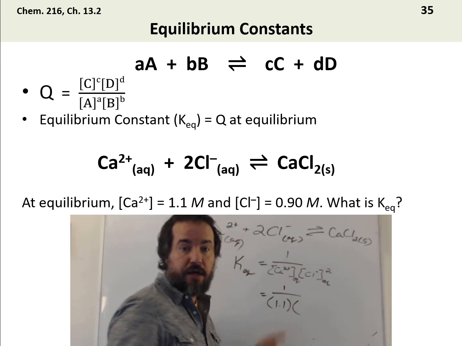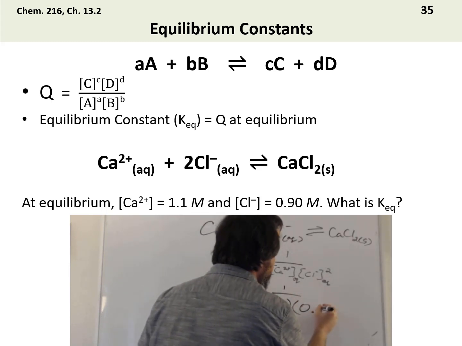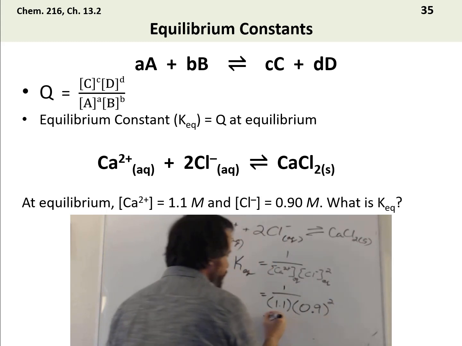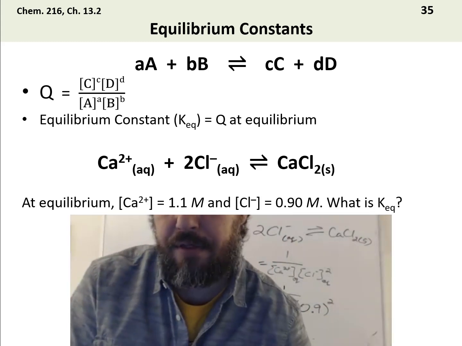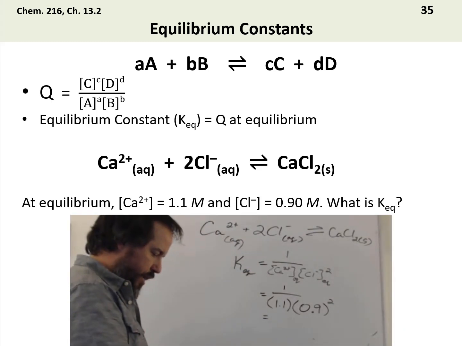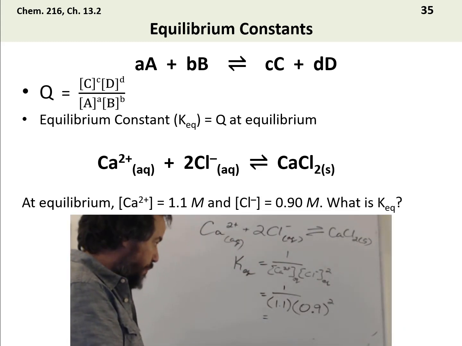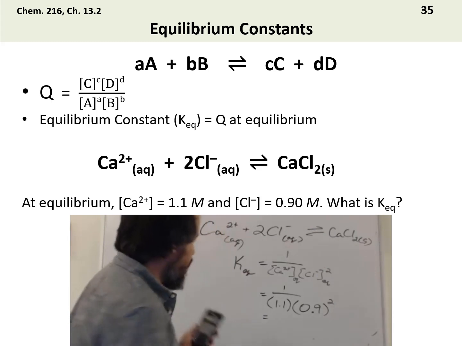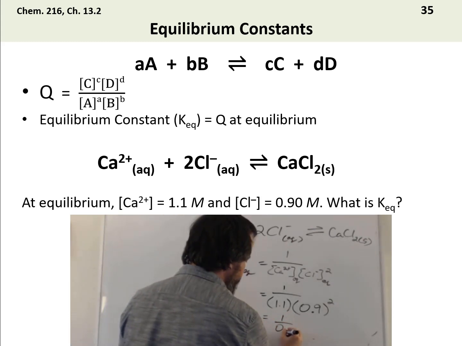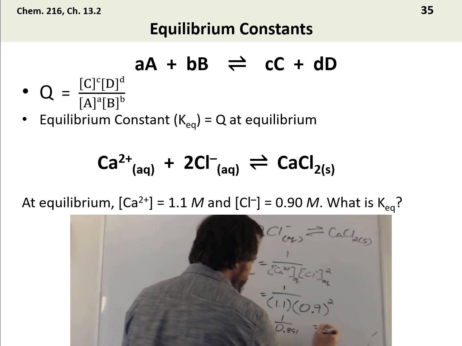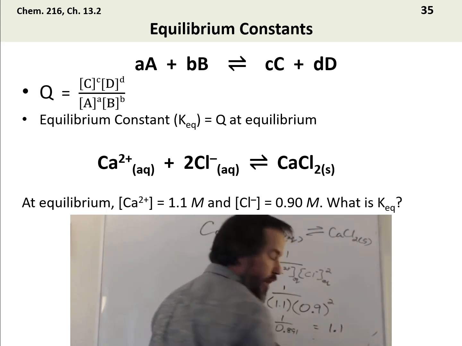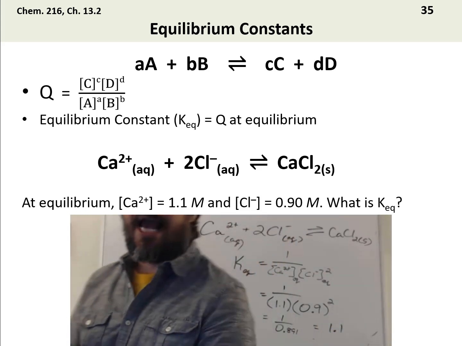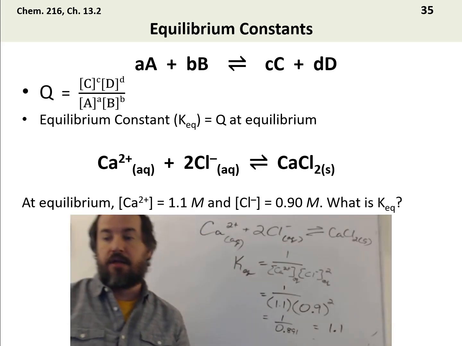1.1 molar for the calcium, 0.9 for the chloride. I can do the math: 0.9 squared times 1.1. This will be 1 over 0.891, which is 1.1. Remember, K doesn't have units.